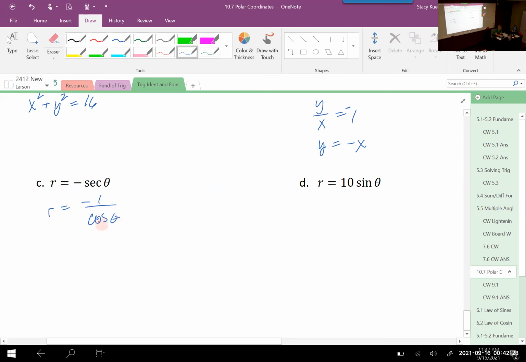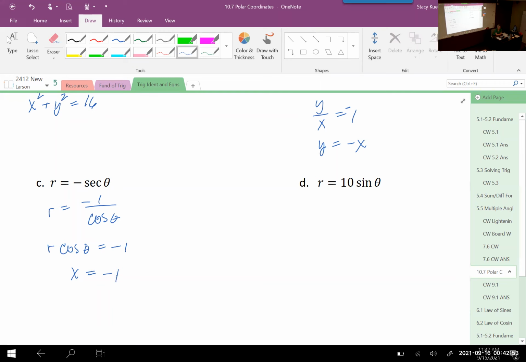Now I'm going to multiply both sides by cosine theta, because I know r cosine theta is equal to -1, and I know r cosine theta is x. So x would be equal to -1. And that's it. I put it in terms of x.